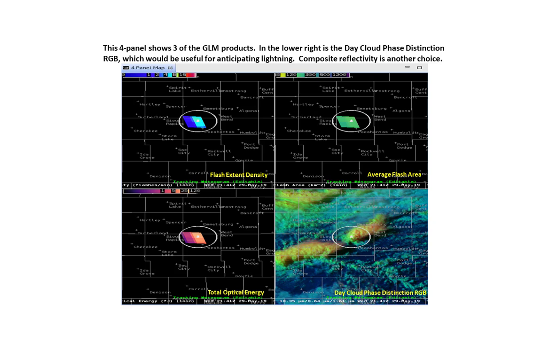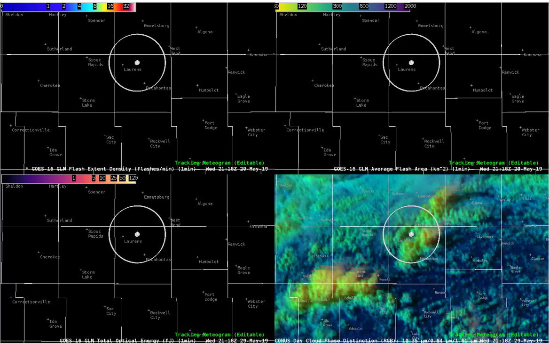So you could maybe put composite reflectivity in one of them. But another useful thing to look at might be the RGB, the day cloud phase distinction, which would give you an idea of when the cloud goes from water to ice cloud. Since that is important for lightning activity, that might be a good choice to look at as well. So here's the loop of this.